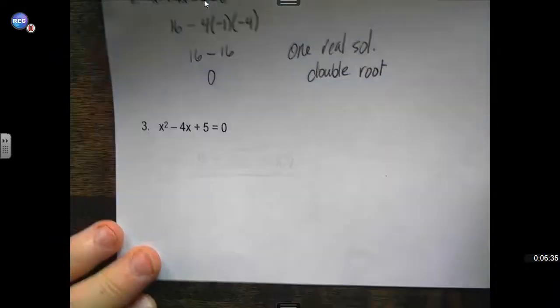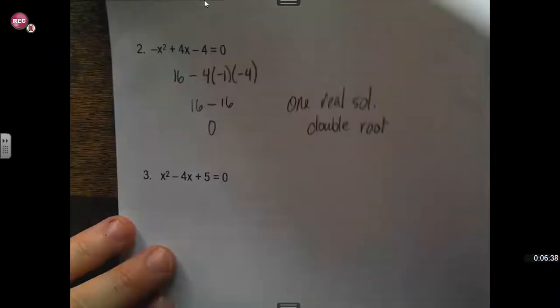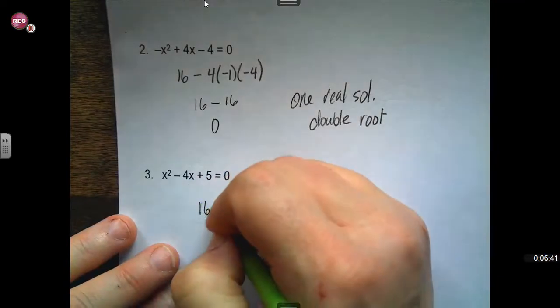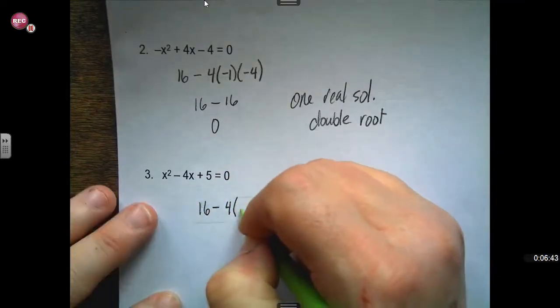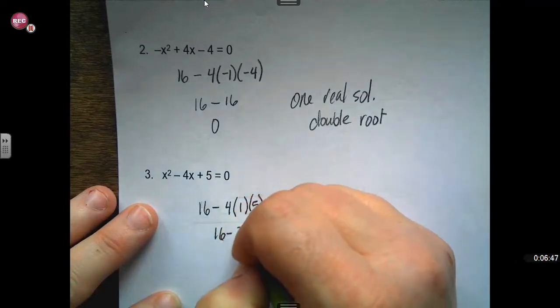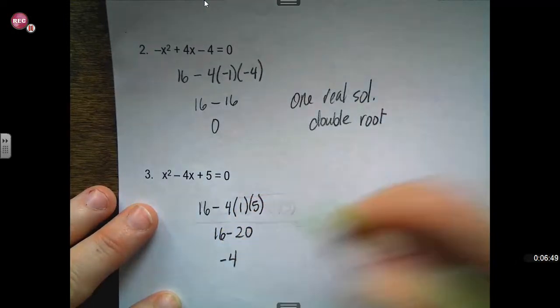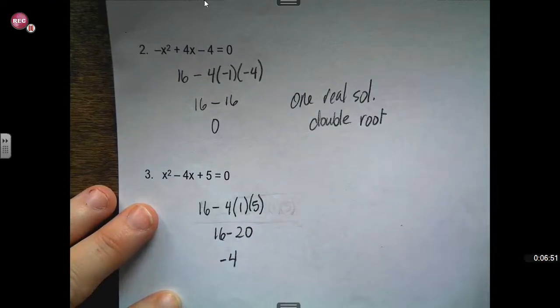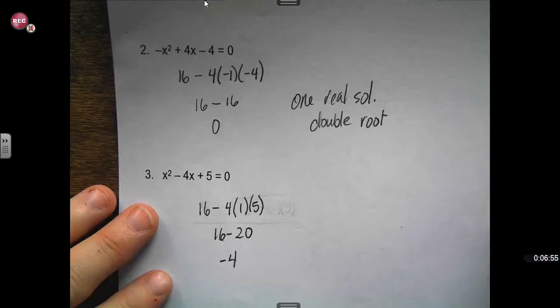Okay. So b squared would be 16 minus 4 times 1 times 5, or 16 minus 20, which is negative 4. That is not positive or 0, so that is negative.